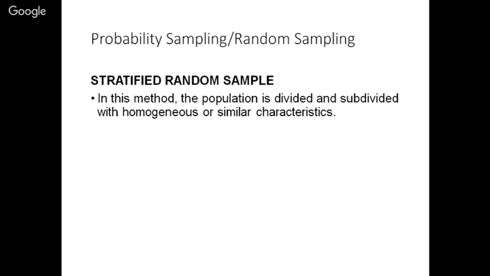For the fourth semester students, in the case of IQ level, it does not vary much between boys and girls. But for the same population of 200 students, if I want to measure the average height, is it possible to calculate it by using the simple random technique? No.